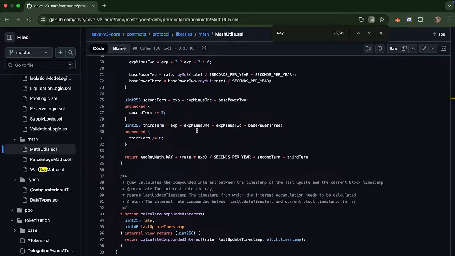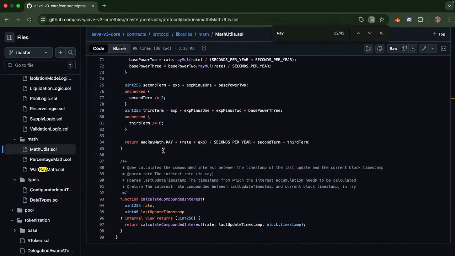Third term is minus 1 minus 2 base power 3 into time delta, and the whole thing is divided by 6, where it sums the first term plus second term plus third term.